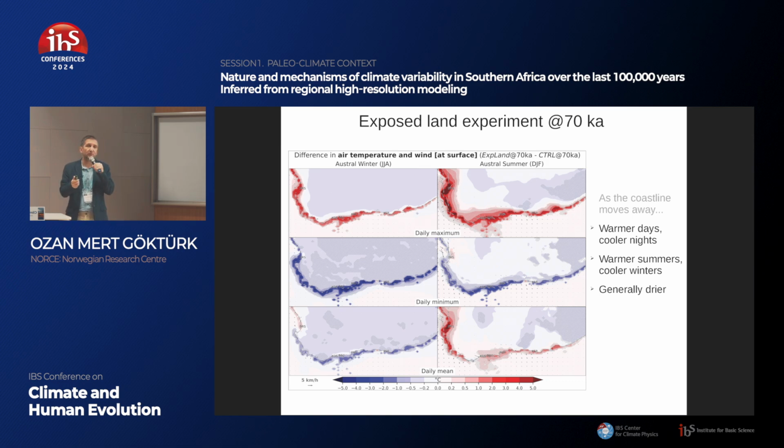Daily maximum temperatures were higher, minimums were lower, and of course the precipitation was lower as well, because less moisture came to our sites, because the ocean was further away from Blombos Cave and from all these archaeological sites on today's southern African coast.